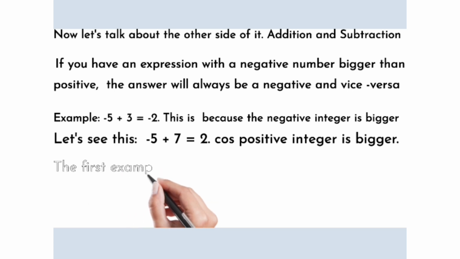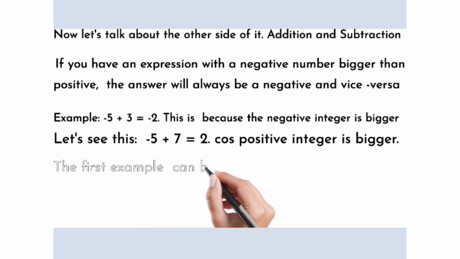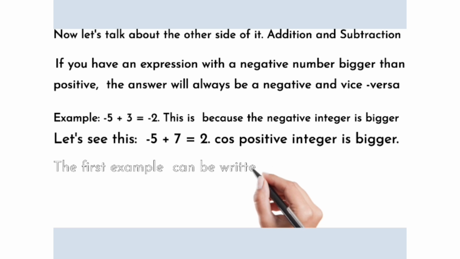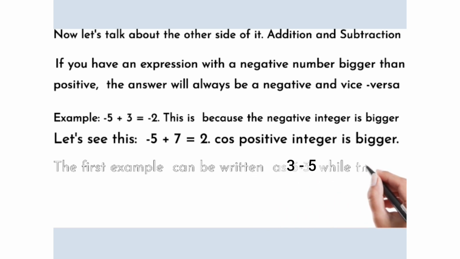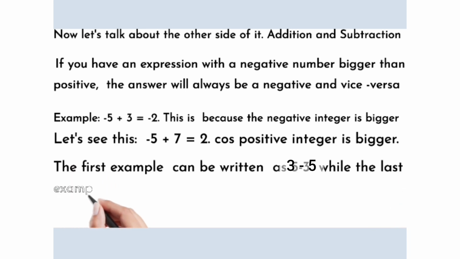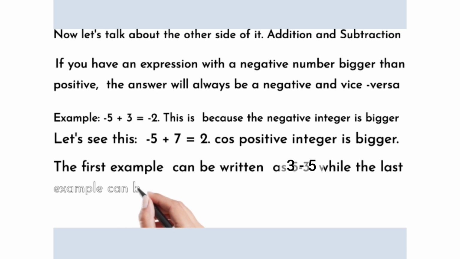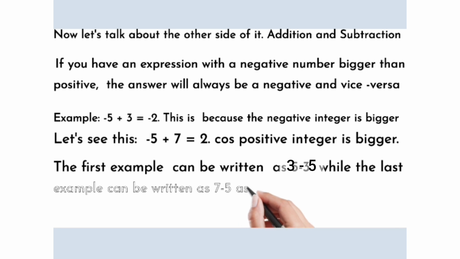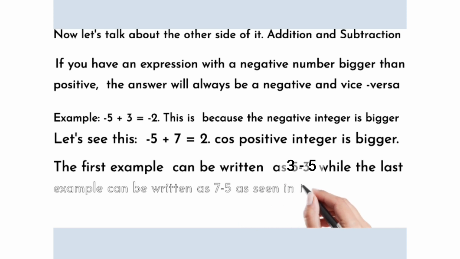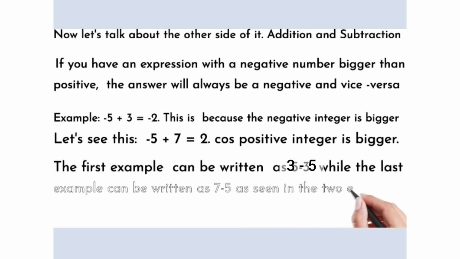The first example can be written as 3 minus 5, while the last example can actually be written as 7 minus 5. This will give us the same answer, as seen in the two examples.